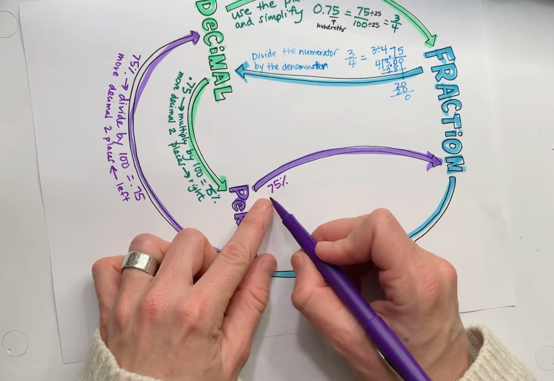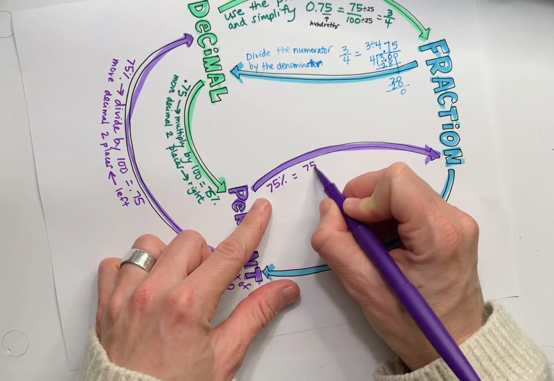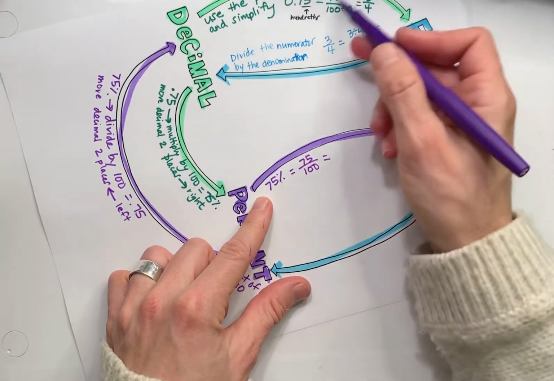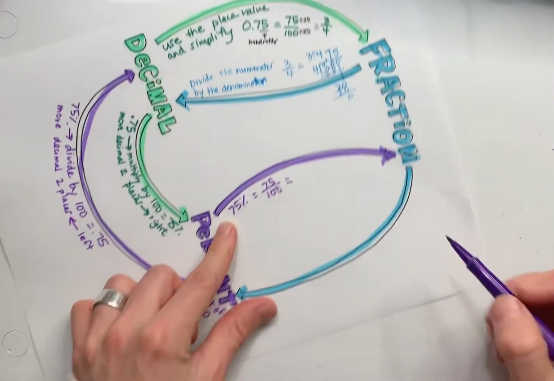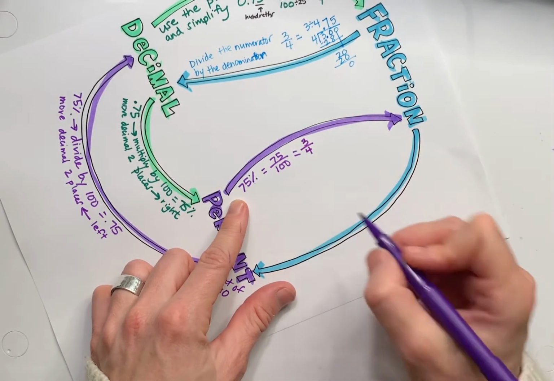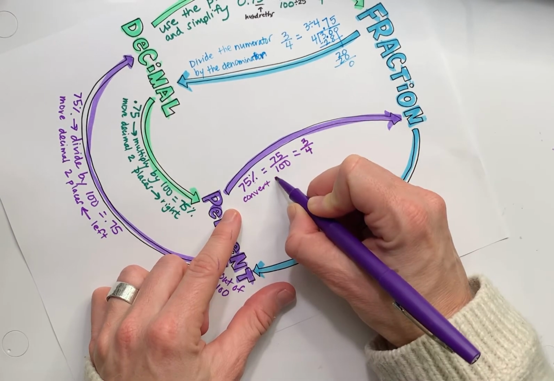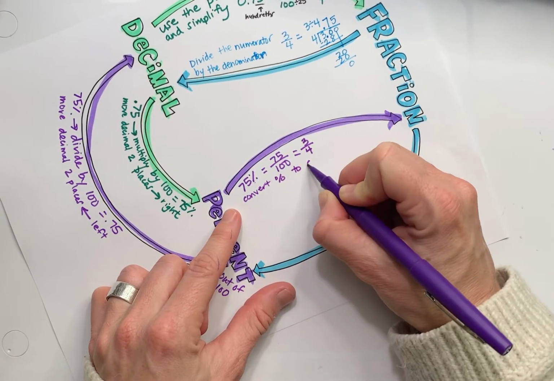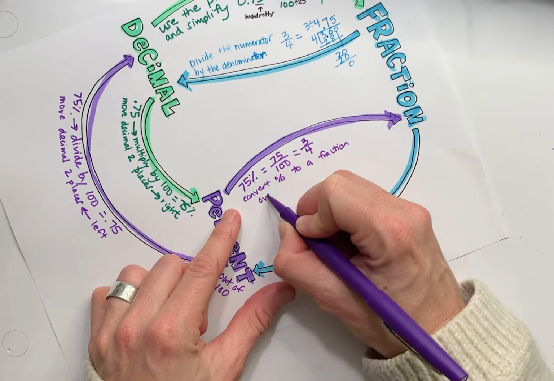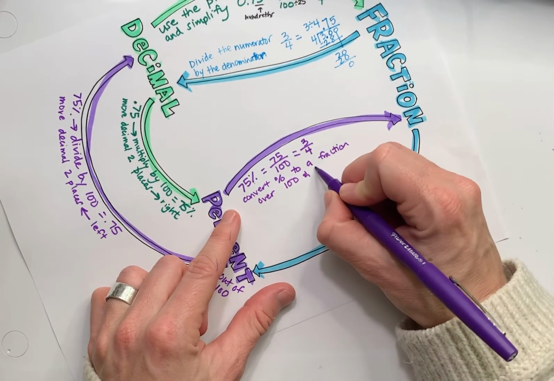So you take those digits, 75 is going to be 75 out of 100, and then you simplify using the same methods or strategies that we showed you there. So that would be 3/4. So that means convert percent to a fraction over 100. That's always the denominator. And simplify.